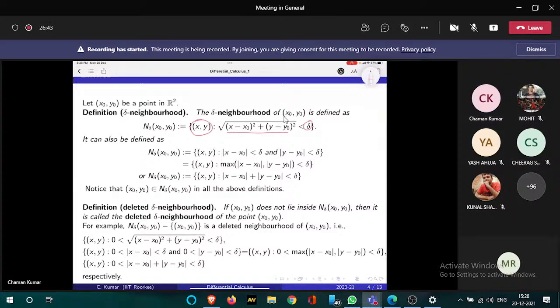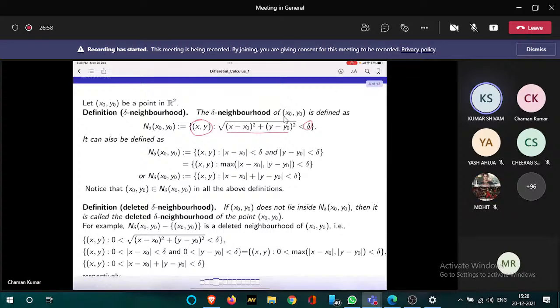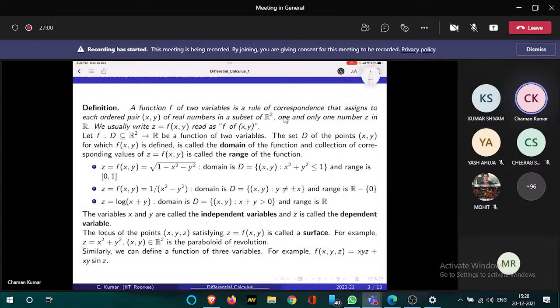Sir, I have a question. How can we trace the locus of a function in 3 variables? You can see the example here, z is equal to x square plus y square.